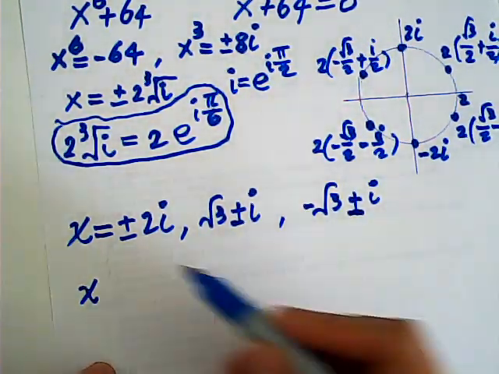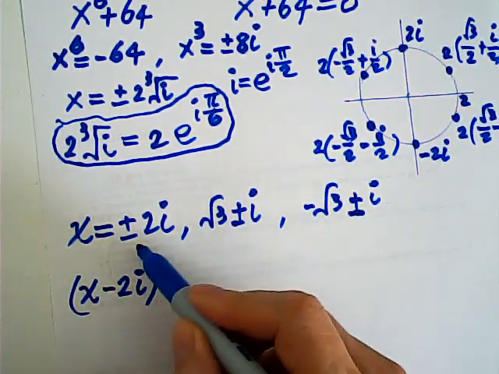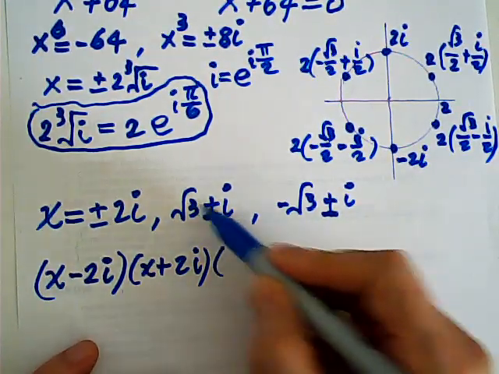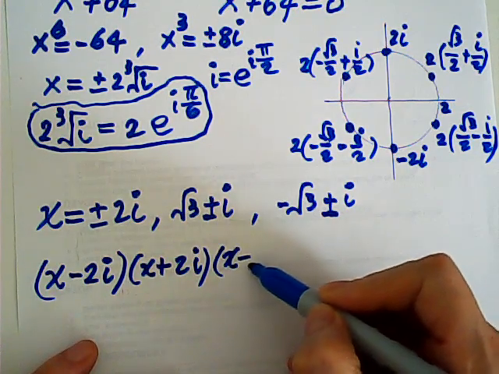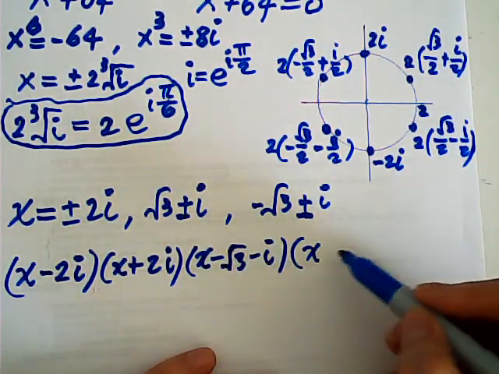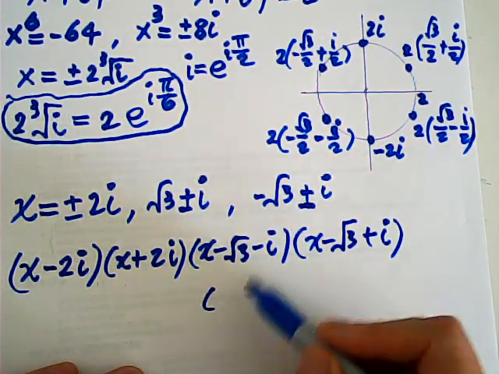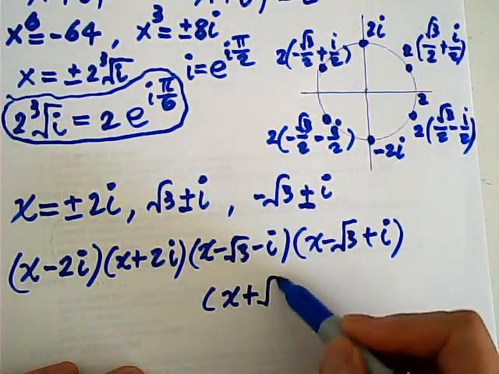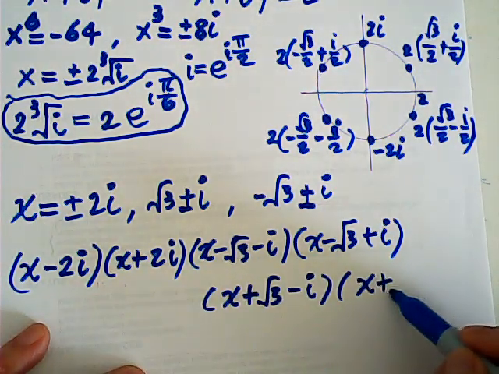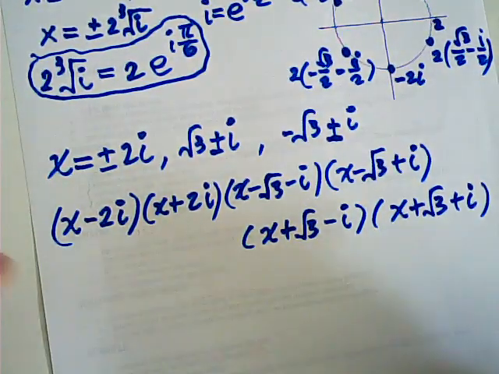So x minus 2i is one factor, x plus 2i is another one, and x minus root 3 minus i, and x minus root 3 plus i, and 2 more, x plus root 3 minus i, and x plus root 3 plus i. So I found 6 factors.